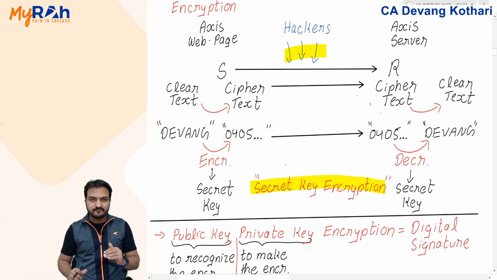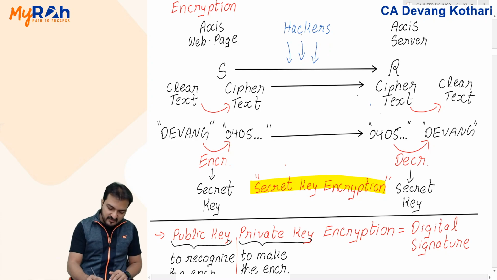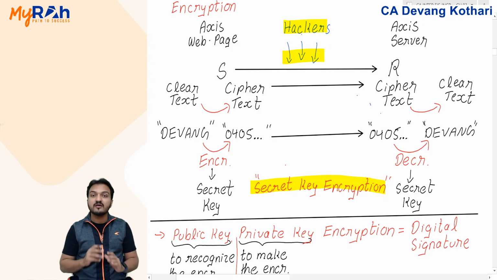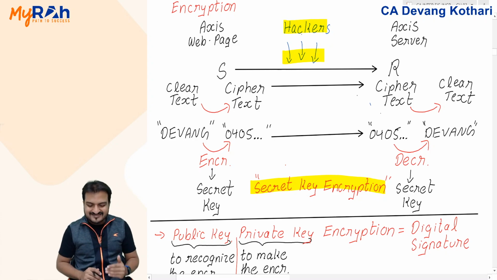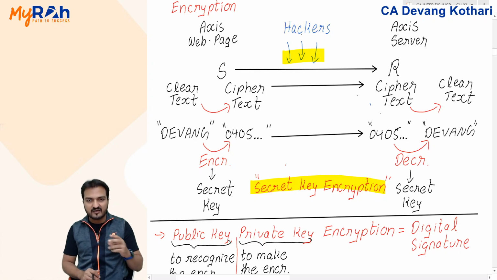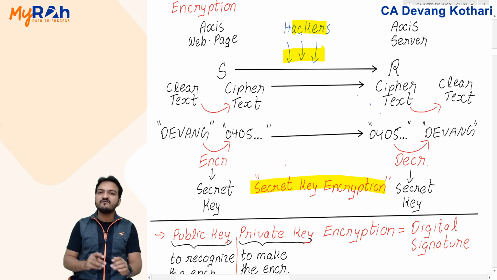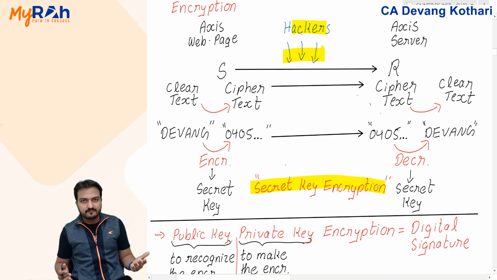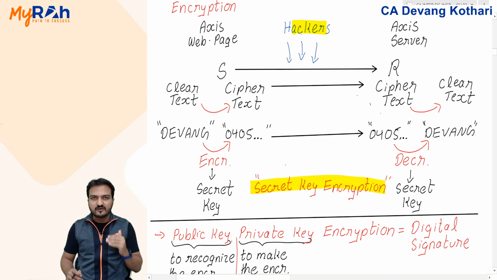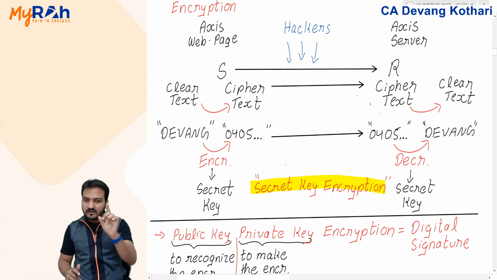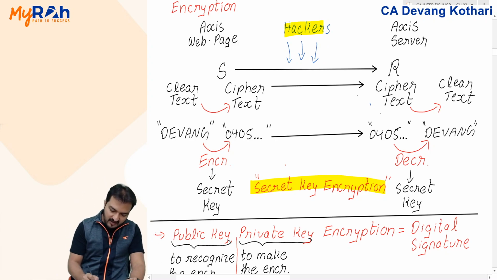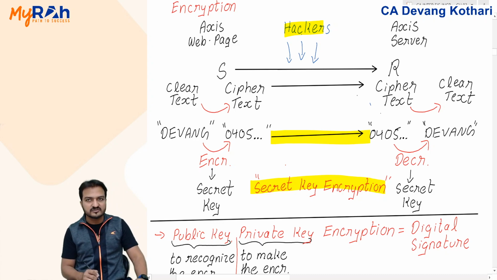No, it will obviously not stop the hacker from hacking. So what is the benefit? The benefit is that yes, it will not stop the hacker from hacking, but even if the hacker hacks, now he will not understand what I am transmitting. So the only benefit of this encryption is that it will prevent the hacker from understanding my transmission.